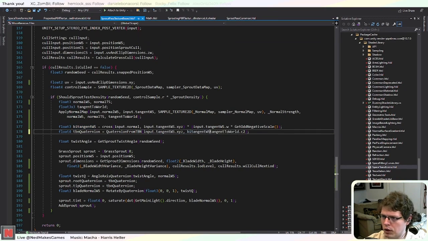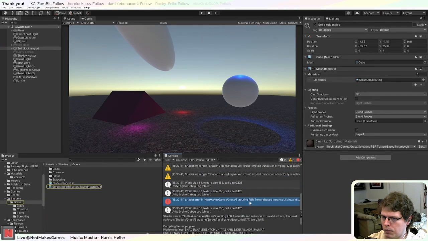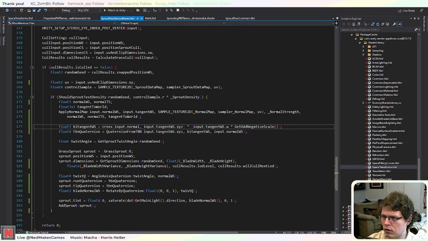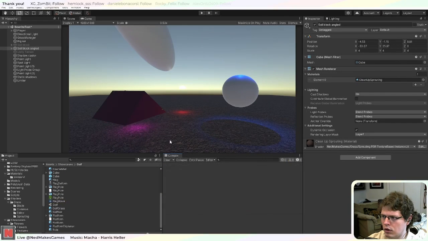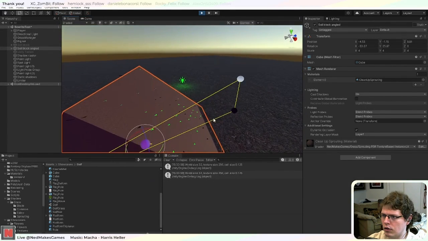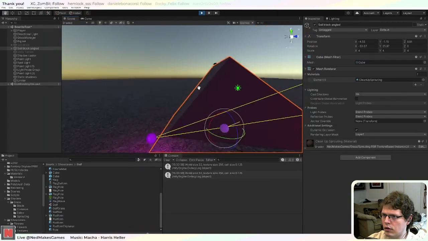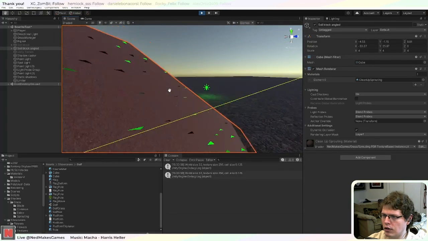So tangent by tangent, and then input dot normal. Valid subscript normal. Oh, right. Okay, so no errors. But the grass exists, but something weird's going on with it. It's inside the terrain.